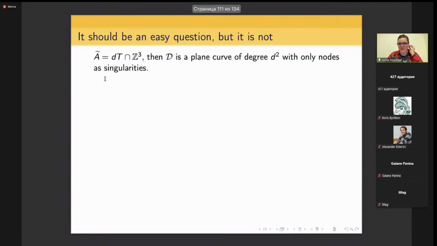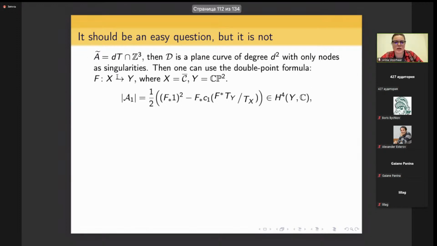But here is a little explanation of what actually makes this problem easy and hard at the same time. For this, I want to consider the set A tilde, which is just the integer points of the size d simplex in Z^3. Then the curve D, in this case, will be a plane curve of degree d squared with only nodes as singularities. That's true for generic polynomials with support A tilde.